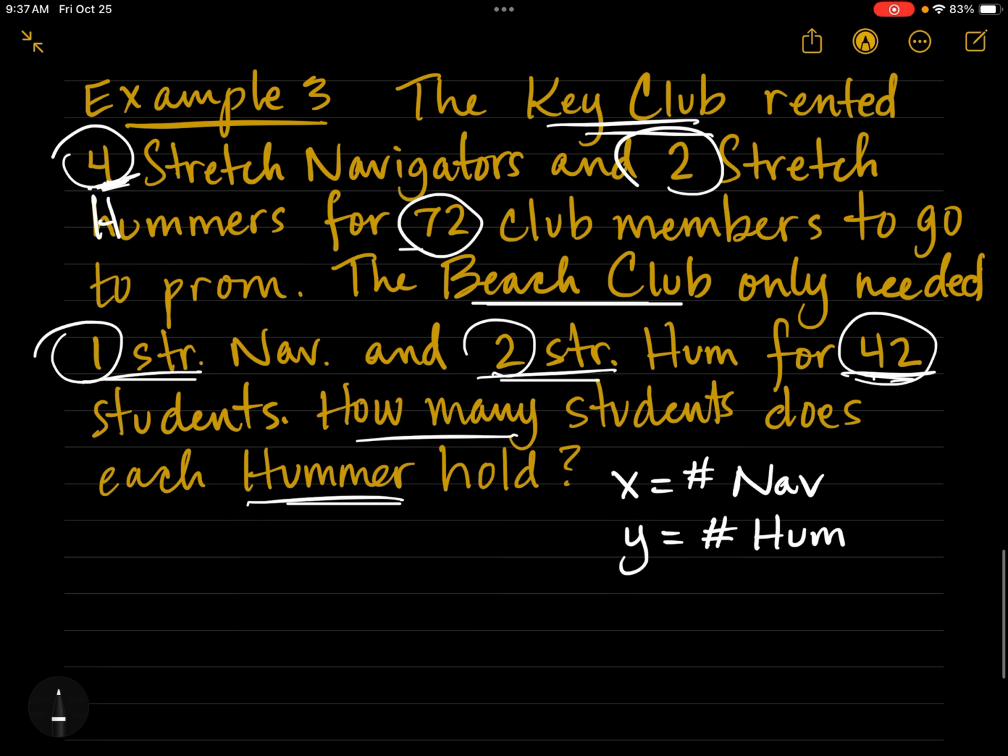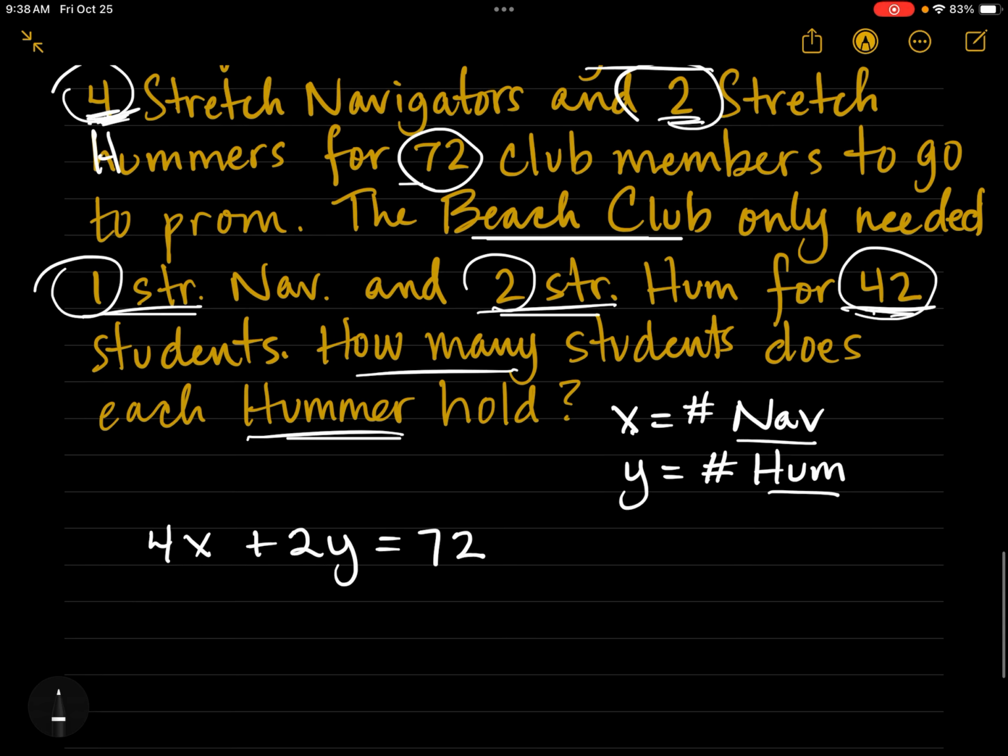Anyway, let's write an equation for Key Club. They had 4 navigators, so that'd be 4x, and 2 Hummers, so that'll be 2y, equals 72 students. And now we can write our second equation, 1 navigator and 2 Hummers for 42 students.